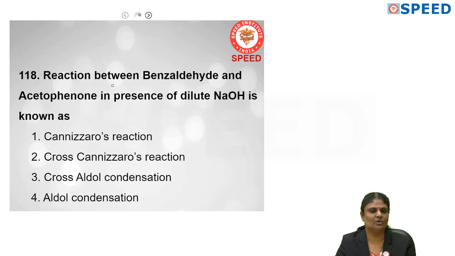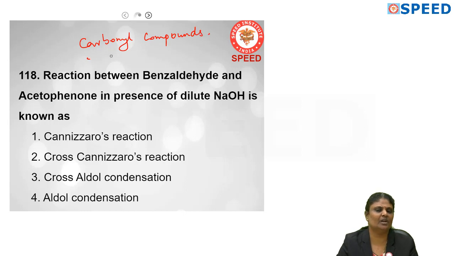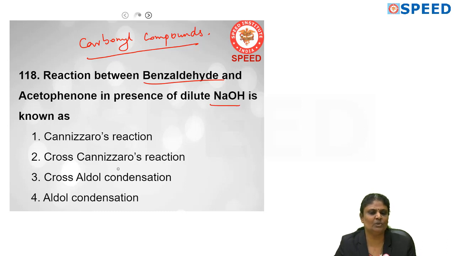And the 118th question. So, this is again from carbonyl compounds. So, here aromatic aldehyde and acetophenone are given. The reaction between benzaldehyde and acetophenone in the presence of dilute NaOH is known as, I think this is aldol condensation or Claisen reaction, okay.